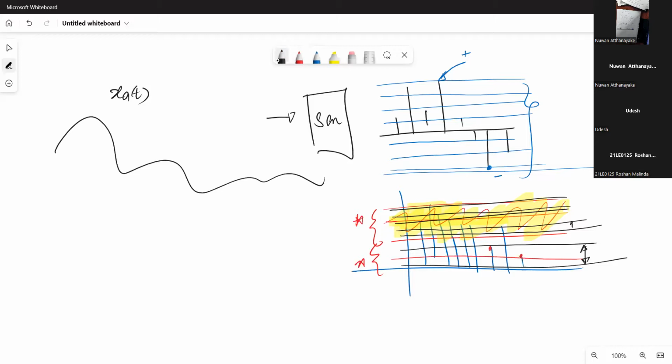This is a quantizer having equally spaced levels. These are the levels that Nuan mentioned. According to that, they want to quantize this voltage block. Each and every sample represents a voltage value in this continuous signal.